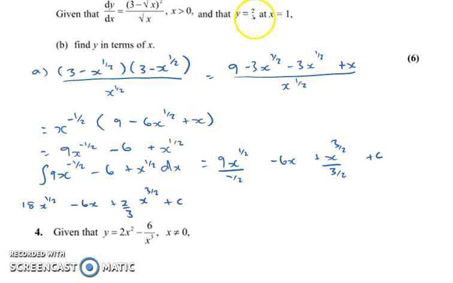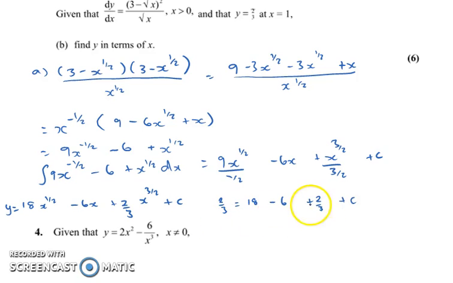And we're told that y equals 2/3 and x equals 1. Now we know that this equals y. We haven't found the full expression, we need to find c. So let's stick in what we've got. We've got 2/3 equals 18 times 1 to the half is just 18, minus 6 times 1, add 2/3 times 1 to the 3 over 2, plus c.